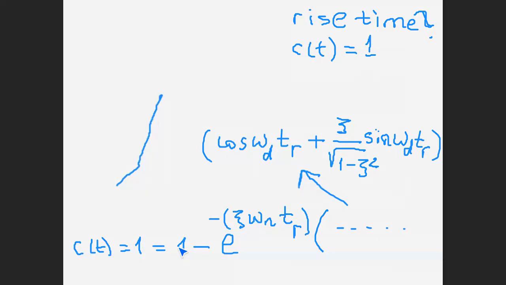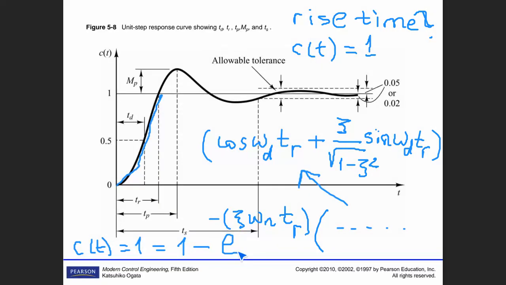So if you take it equal to 1, that means that part of the equation should be equal to 0. So if you set that equation to 0, then you obtain t_r.